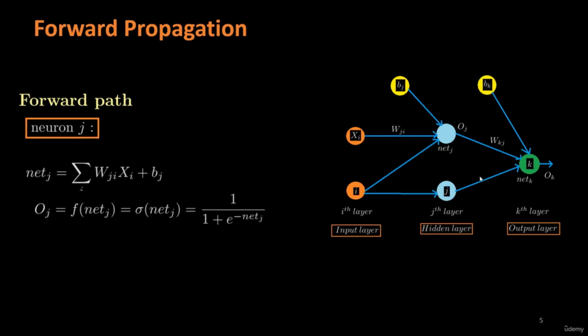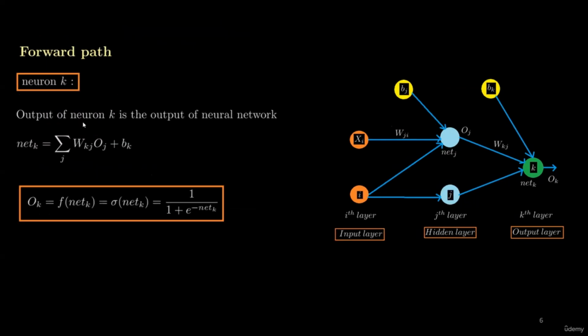Now the second step in the forward propagation will be to move from the hidden layer to the output layer. Therefore, now we are going to find the equation of the kth neuron. So for neuron k, we first write the equation of net k like we did with the jth neuron.